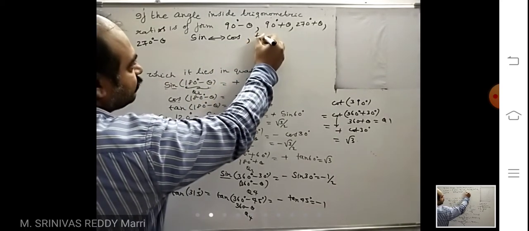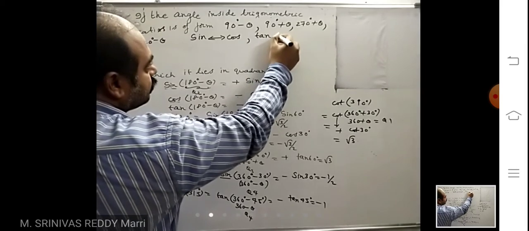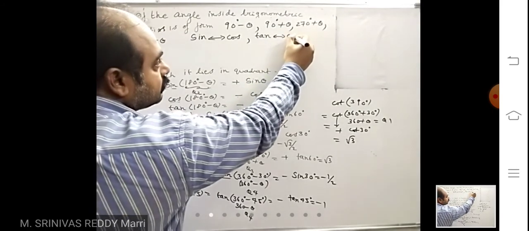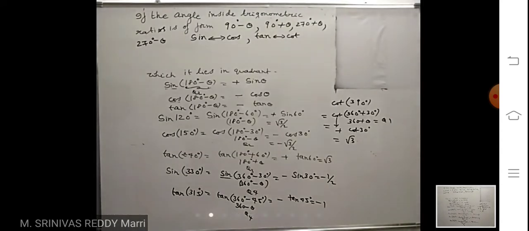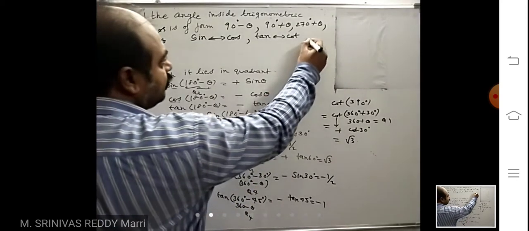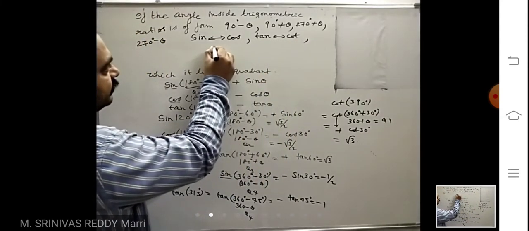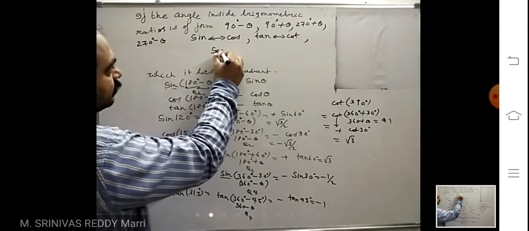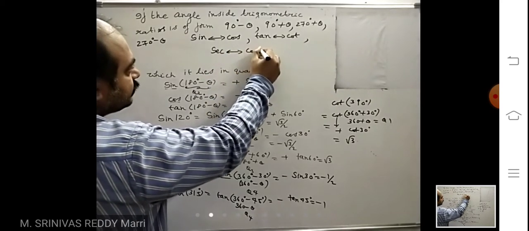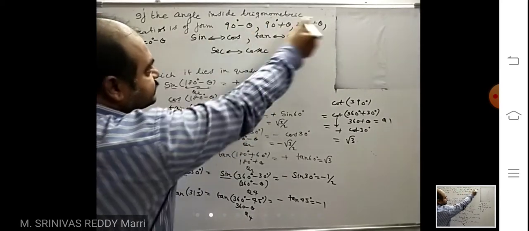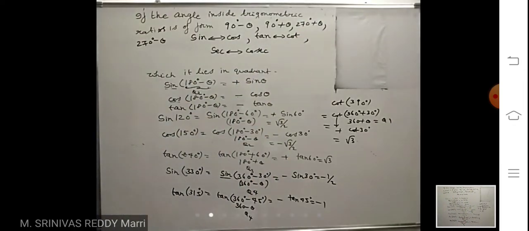So tan will convert into cot. Similarly, secant will convert into cosecant, if the angles inside are of that form.